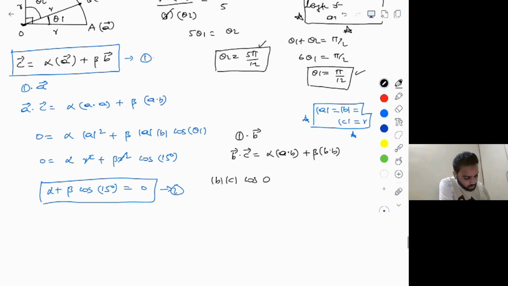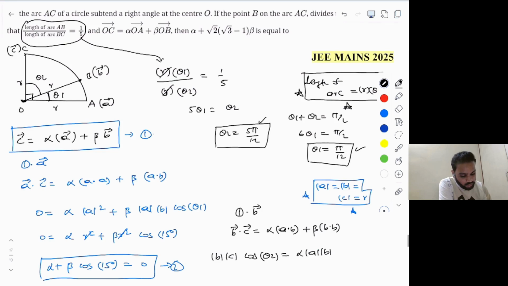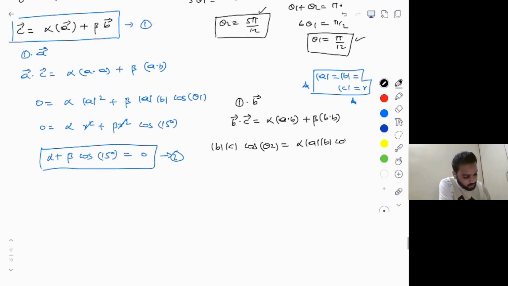Theta 2. So it should be cos of theta 2, that is equal to alpha into A dot B, which is mod A into mod B into cos of angle between A and B, which is theta 1. So we'll write that, cos theta 1, plus beta times B dot B, which is mod B whole square.